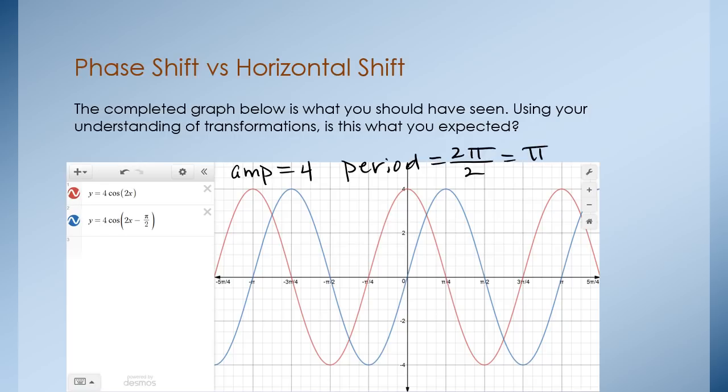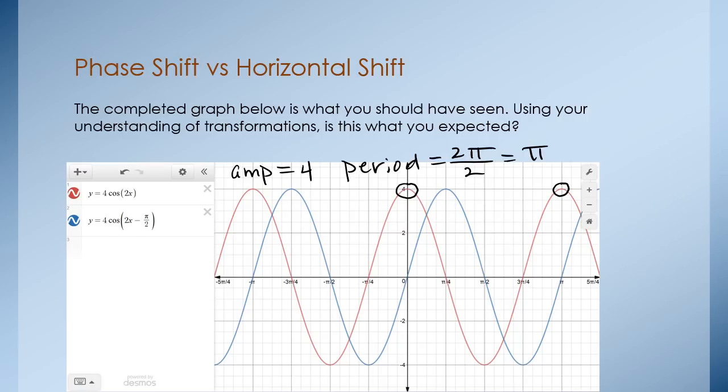A normal cosine curve at 0 is at its maximum value, and that certainly seems to be happening on this one. For the red function, I see that my maximum point at 0 is occurring at 4, and that's my amplitude. Now, the next time that I see that repeat itself is pi units to the right. And that makes sense because the period of the function is pi.